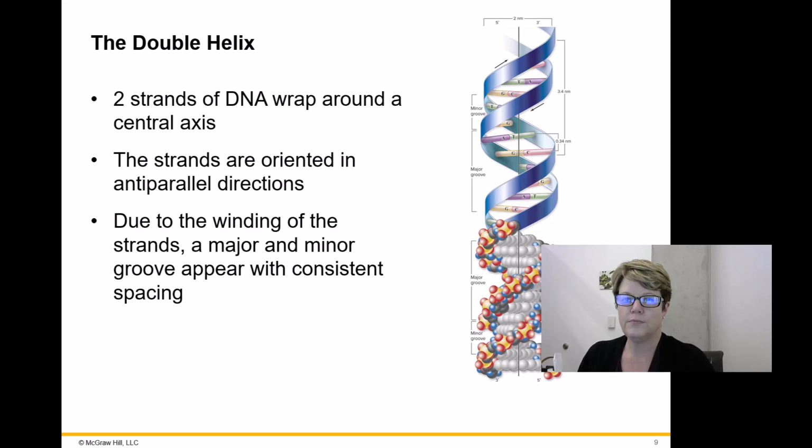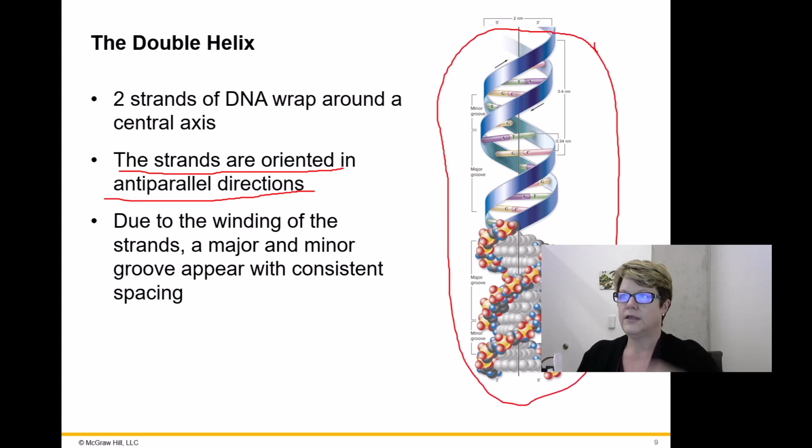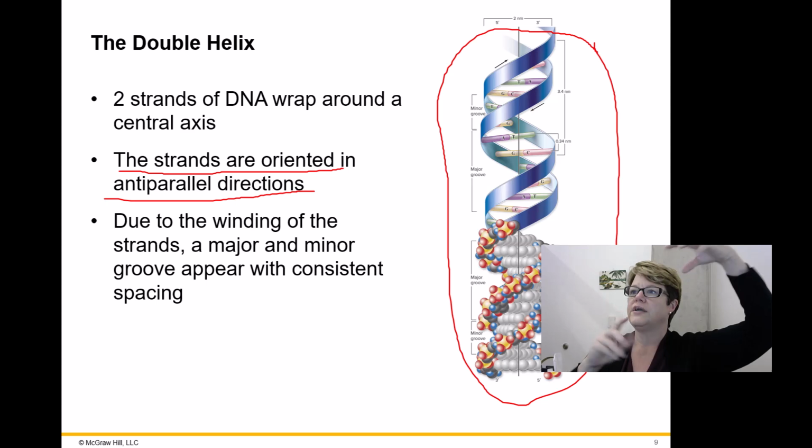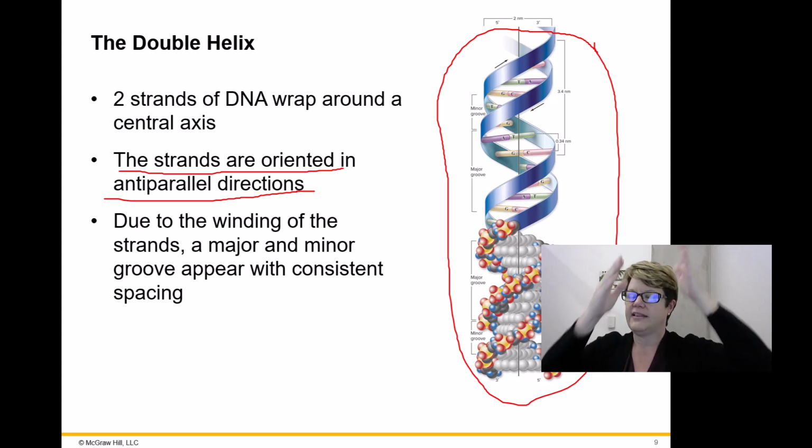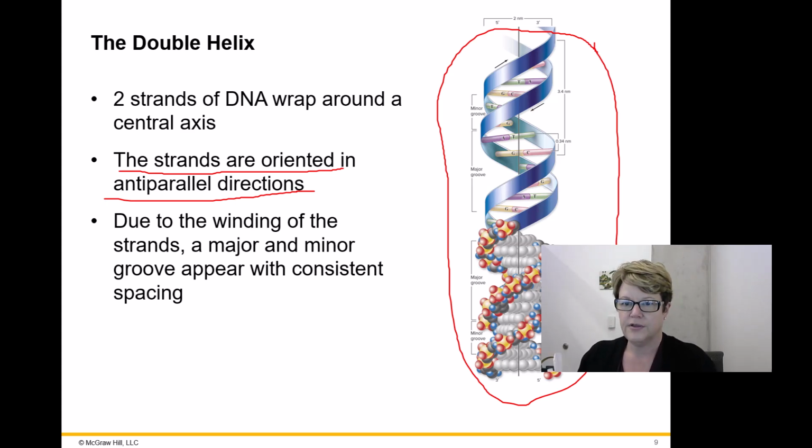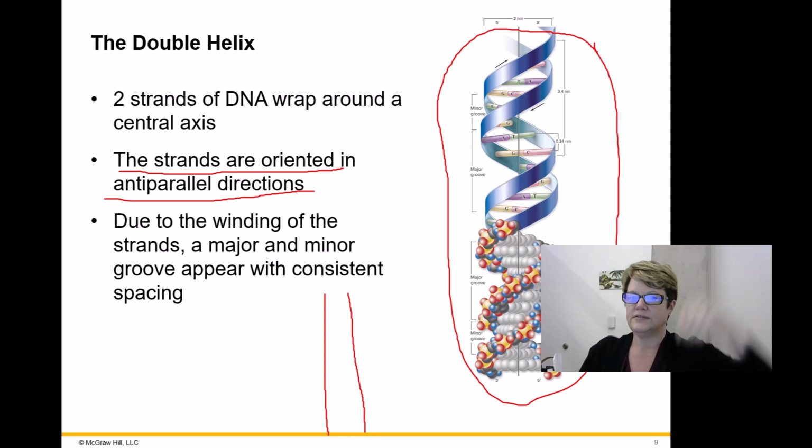So the important part of this is that the two strands are oriented in what we call anti-parallel directions. In other words, if I were to take this double helix and straighten it out, unwind the helix so it's just flat like a ladder, untwist it.